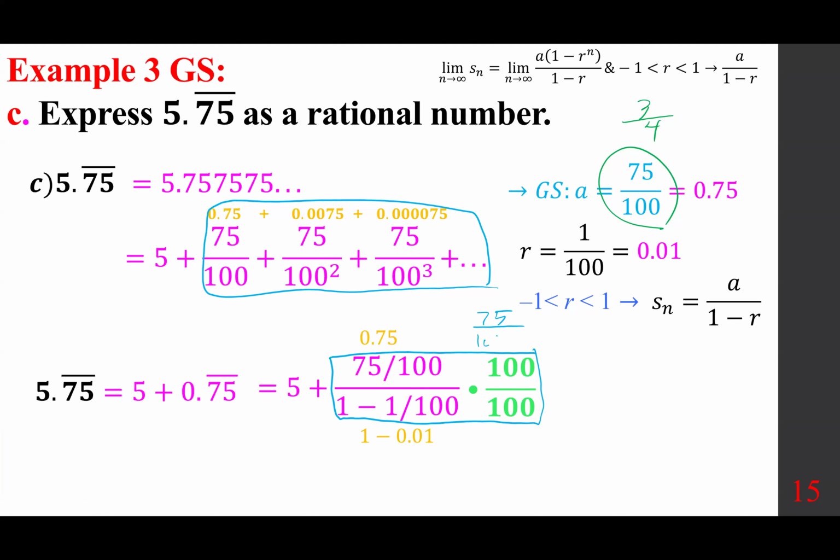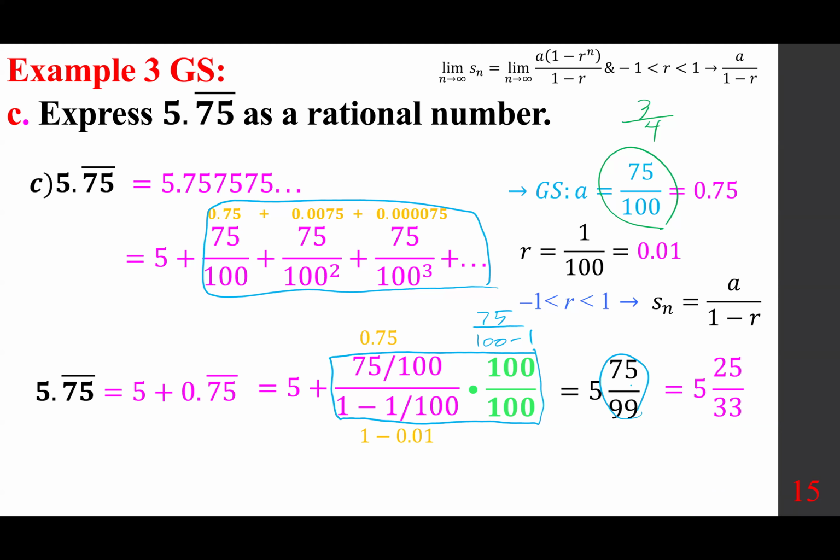The denominator becomes 100 minus 1, which makes it 75 over 99. And this, everybody, is a fraction that has a common factor of 3 between the top and the bottom, becomes 5 and 25 over 33.